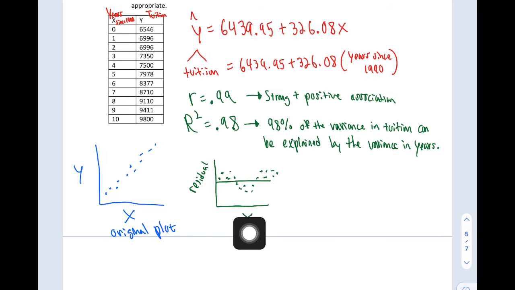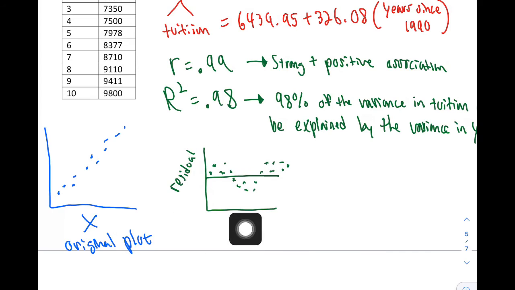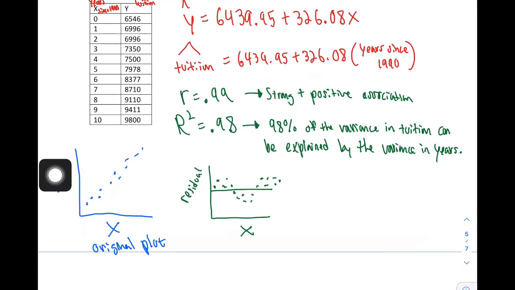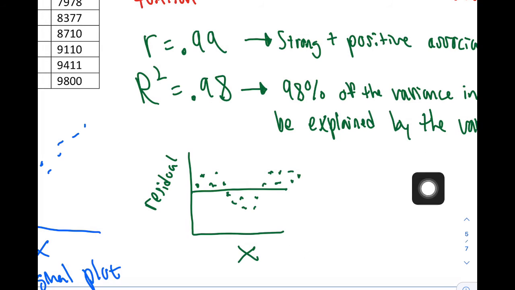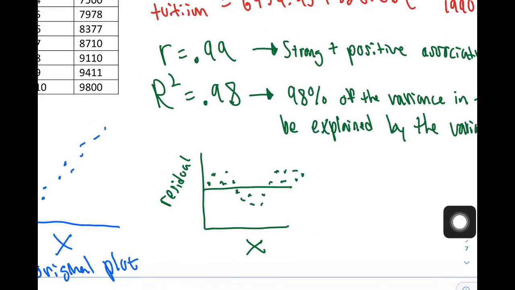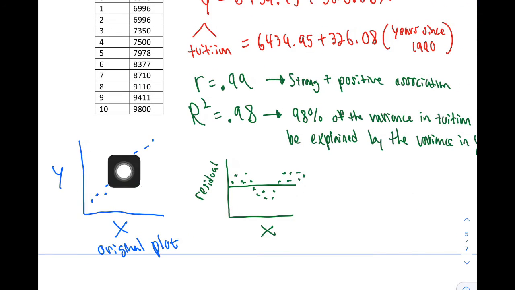All right. And what this tells us here, guys, is that we have a pretty obvious pattern in our residual plot. Remember that for residual plots, what we want is randomness. Now, looking at this residual plot, this doesn't look random. There's a clear curved pattern where it's above the line, below the line, above the line. So what that tells us, guys, is that over here, we actually have a curved line.